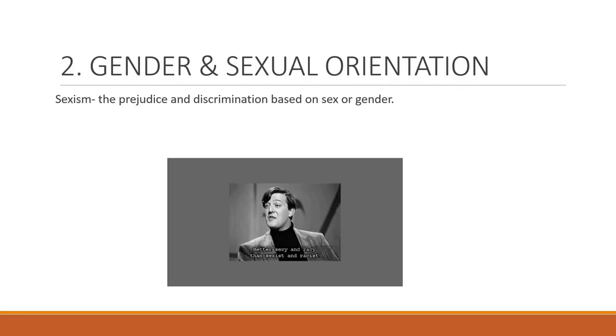So don't forget, if one possesses this quality, he is very particular with discriminating people based on sex or gender, then you could say that person is possessing sexism behavior. Okay, sexism, please don't forget the prejudice and discrimination based on sex or gender.